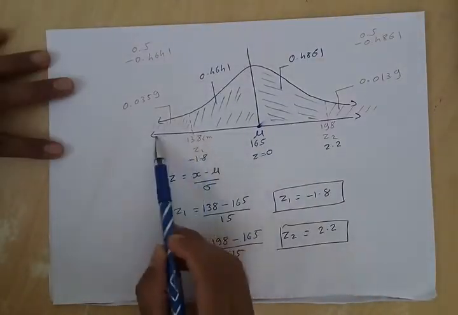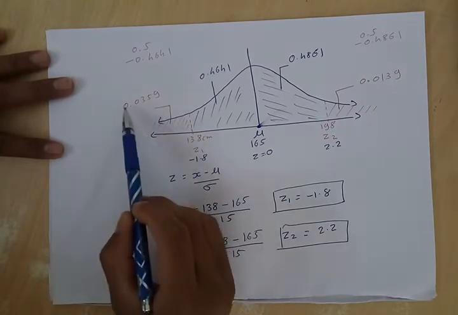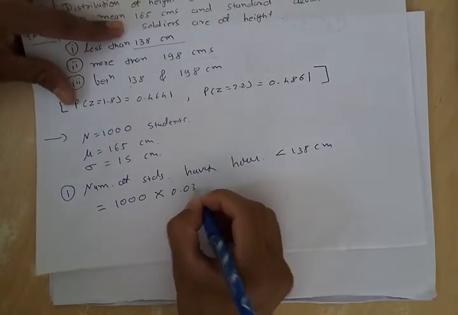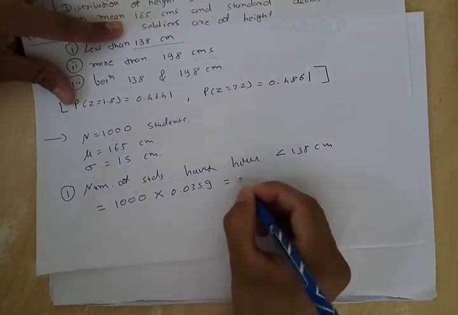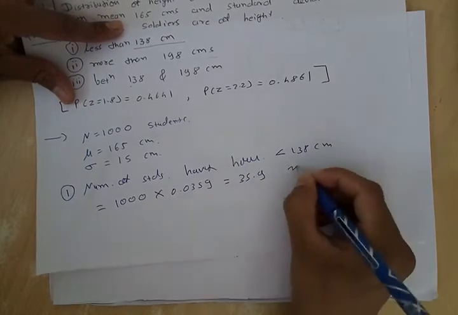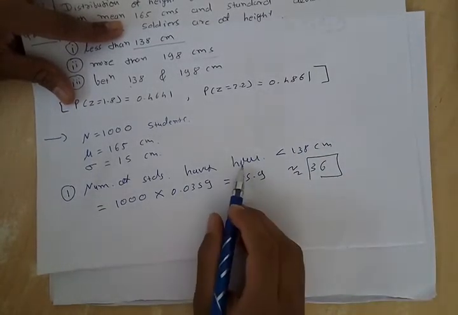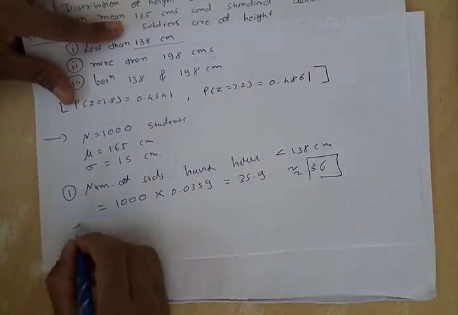So height less than 138 centimeter has a probability of 0.0359. So it will be 35.9. So approximately 36 students have height less than 138 centimeter.